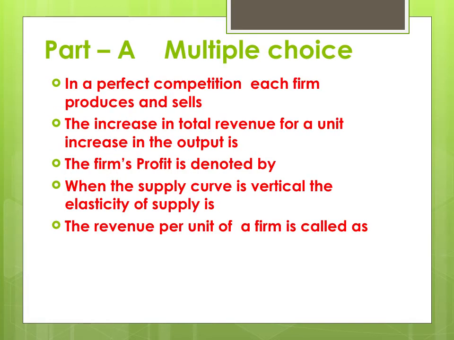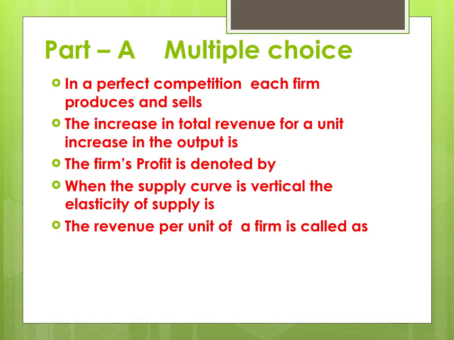We begin with the first part, the 1 mark questions of part A, and as you know, this begins with the multiple choice, and the questions are as follows. Read the questions. The product in a perfect competition are: the increase in the total revenue for a unit increase in the output is. The firm's profit is denoted by.